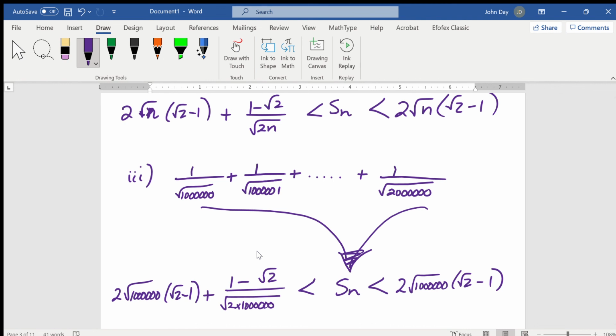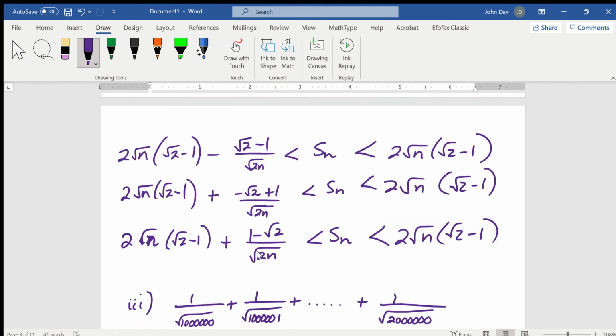Just finding my pen. 828.4271,247. And on this other side, I'll now add onto it 1 minus root 2 divided by square root of 2 million. And I get 828.4268,319, etc.